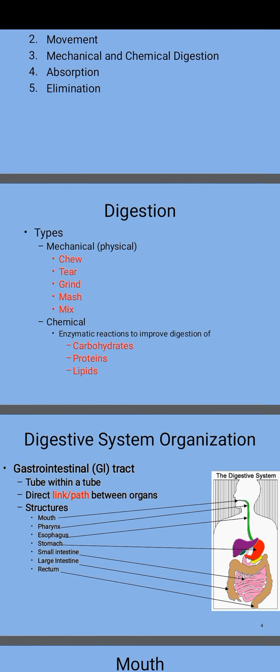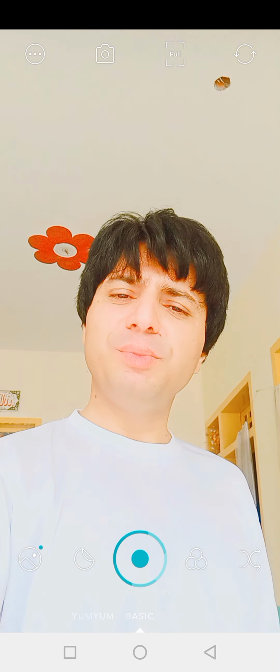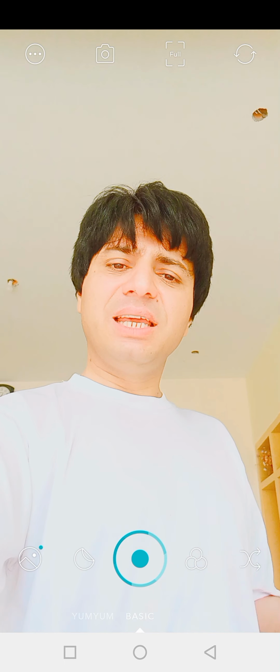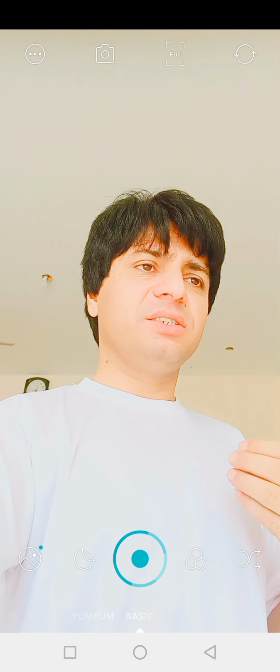You can see the digestion type: mechanical, physical, chew, tear, grind, mash, mix. Chewing is just like mastication, a chewing process like this, as you can see in my mouth.